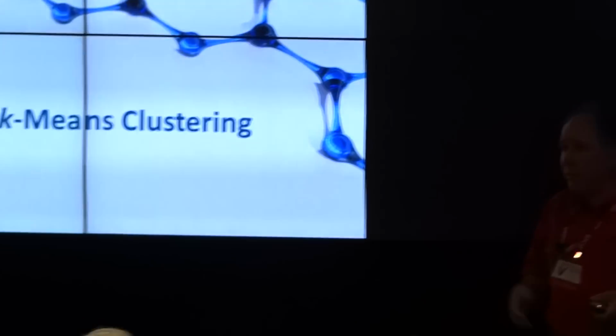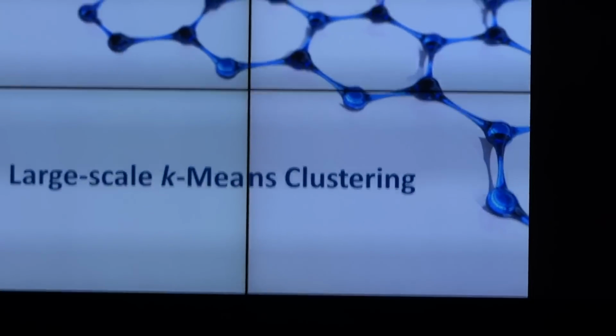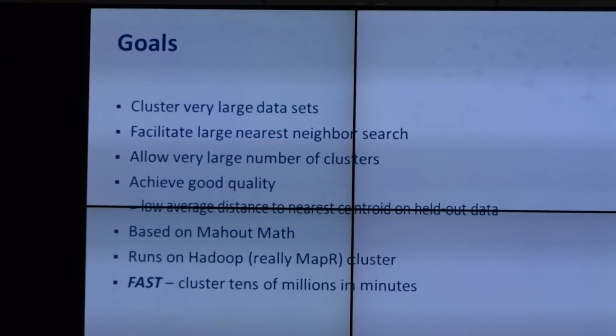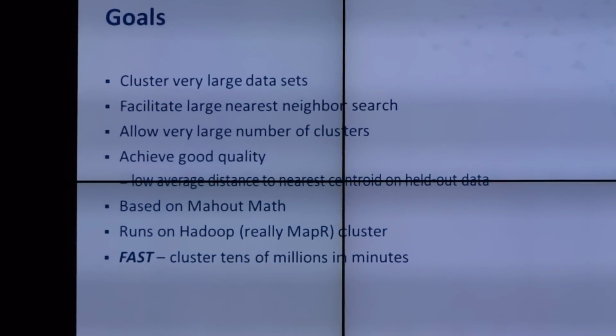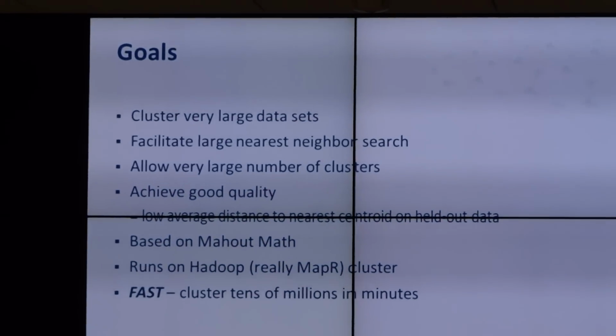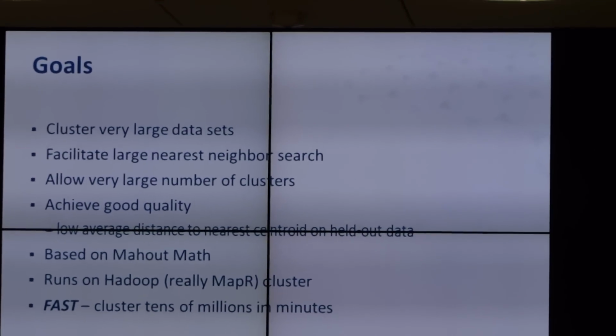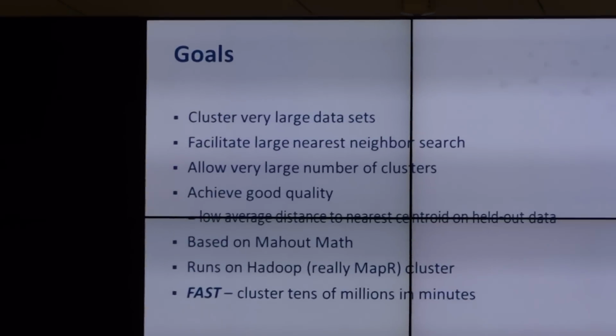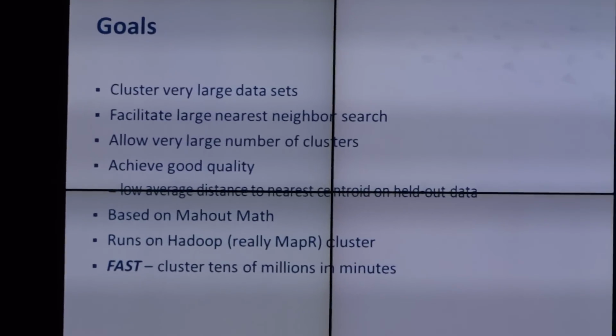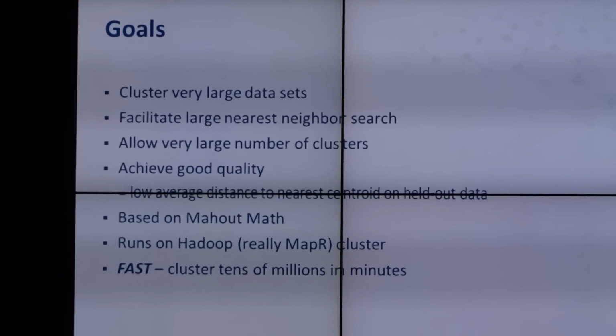And it has some interesting and aggressive properties. So the goals of this project were to cluster very large data sets in order to facilitate nearest neighbor modeling. We wanted to allow a very large number of clusterings so that we could do high dimensional nearest neighbor sorts of problems.